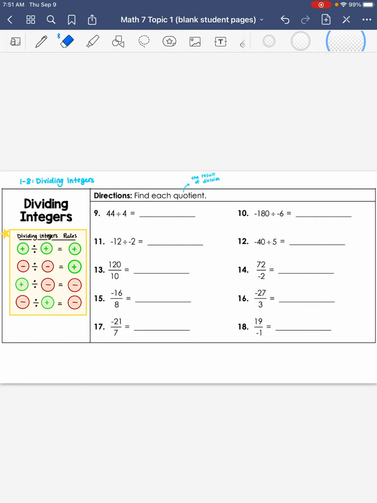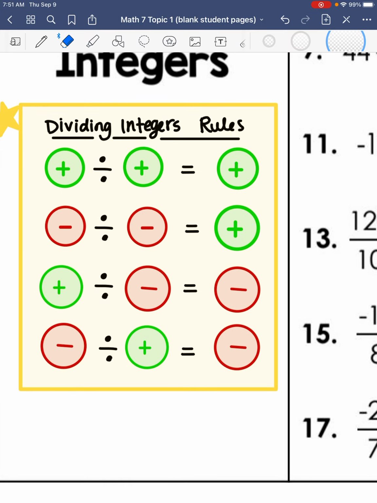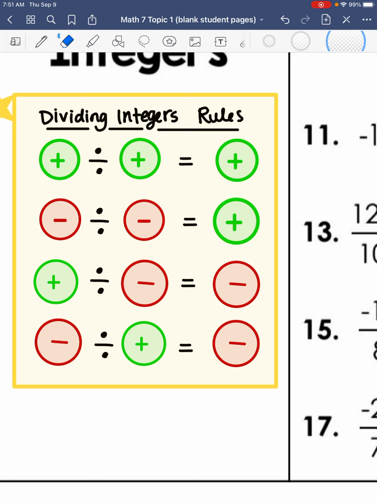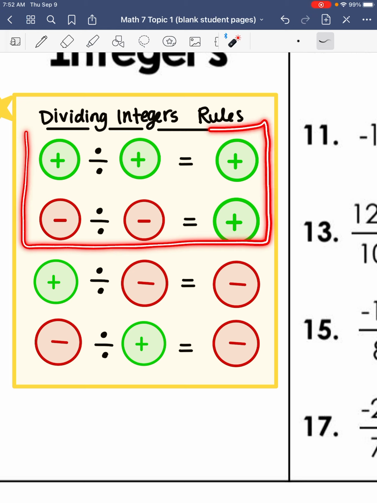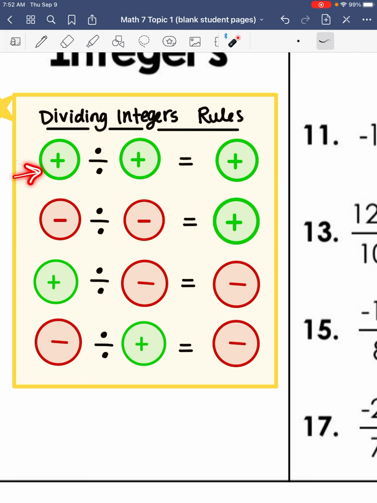So dividing integers. First, I want to go over the dividing integers rules. And hopefully these rules look very familiar to you because they are the same rules that we used when we were multiplying integers. So let's look at the first two rows. If I take a positive integer and divide it by another positive integer, my quotient is going to be positive.